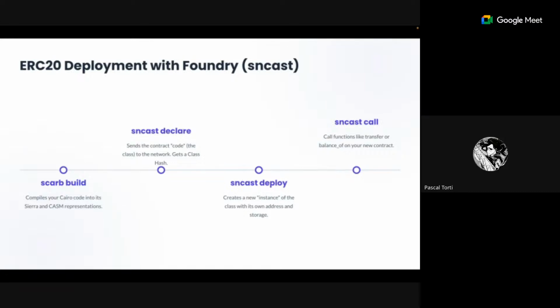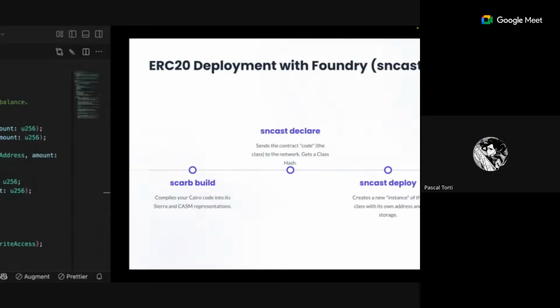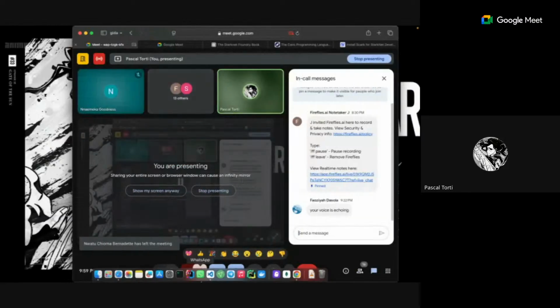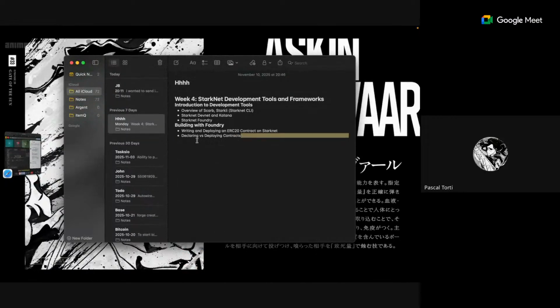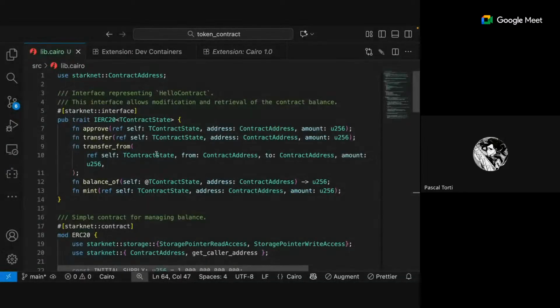There's a way to deploy. But before we can deploy, we must be able to build. So there's something I want to check. I am writing and deploying an ERC20 contract. So you should be able to deploy this and test it out.